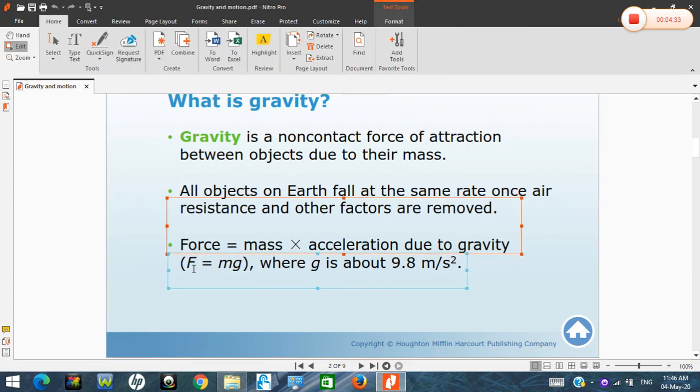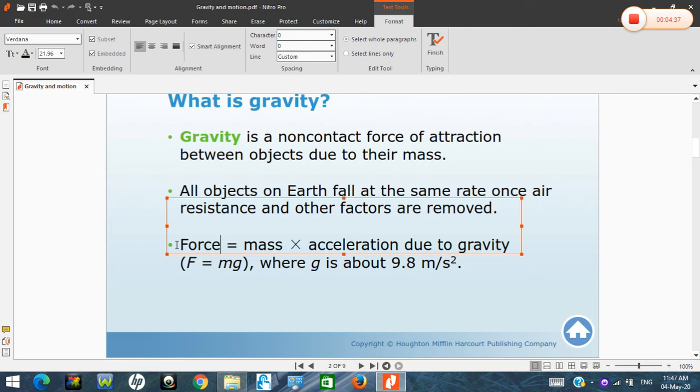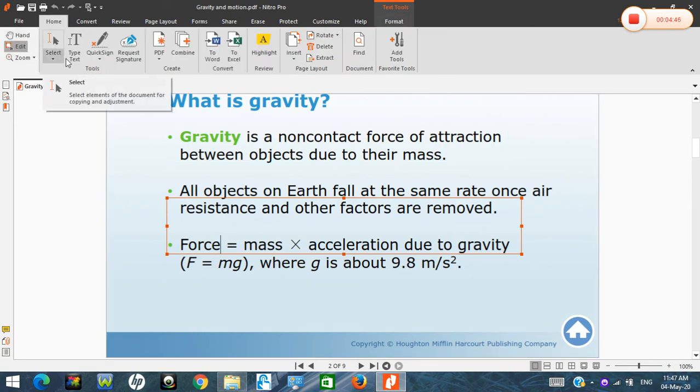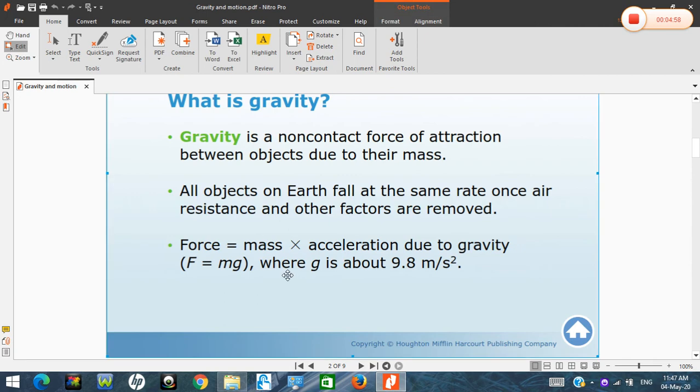Force equals mg. Okay, guys? M is the first letter of mass. G is the first letter of gravity.